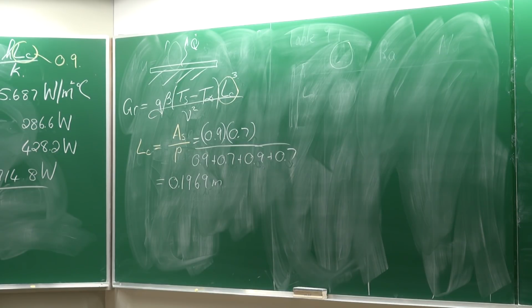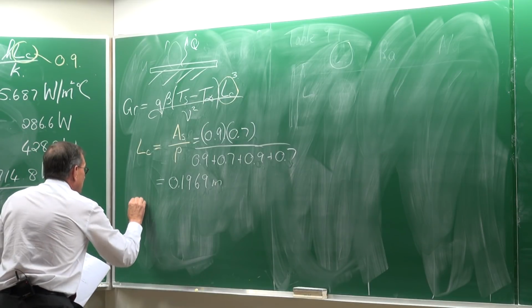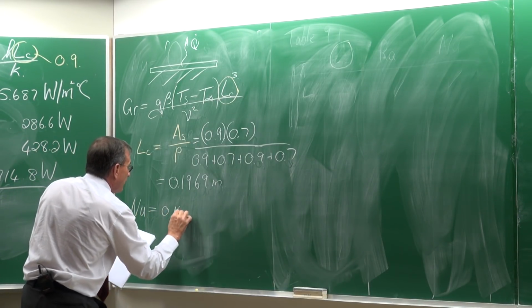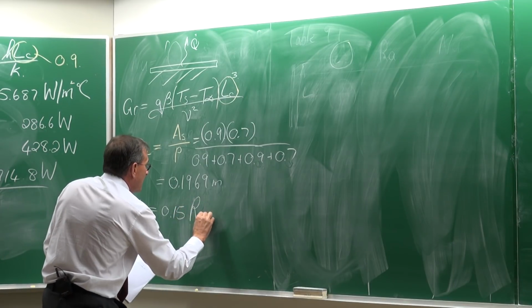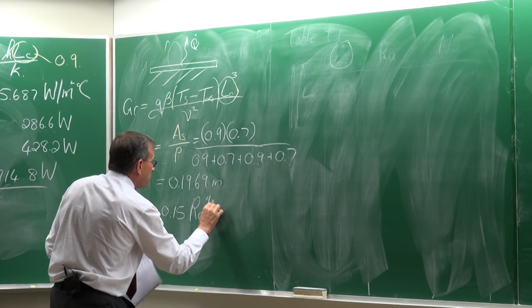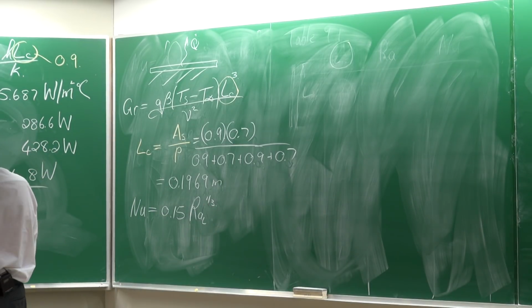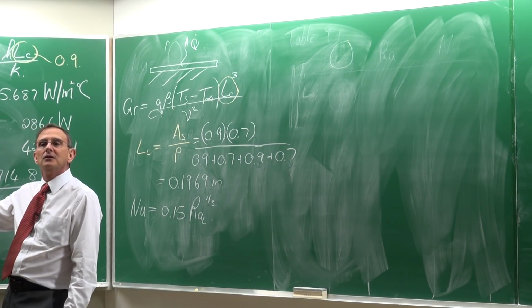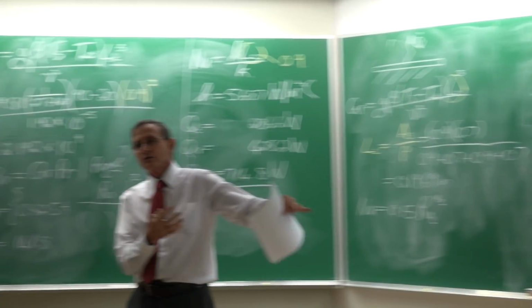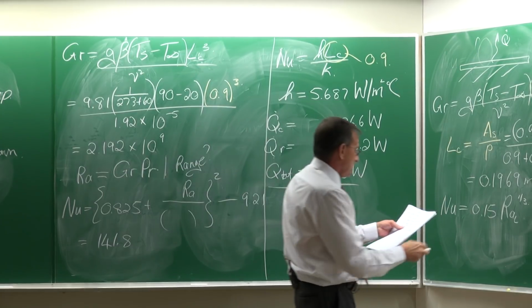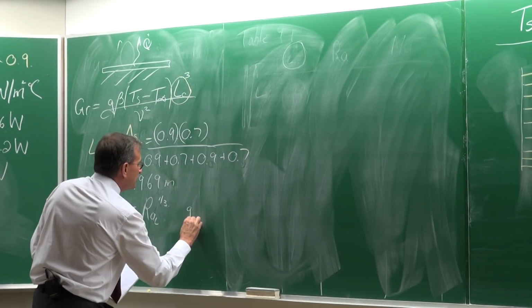You see that? In terms of the Nusselt number calculation, now the Nusselt number is equal to 0.15 Ra to the third. Why not this long equation? Because the table tells you which equation to use. And that is equation 9.23.